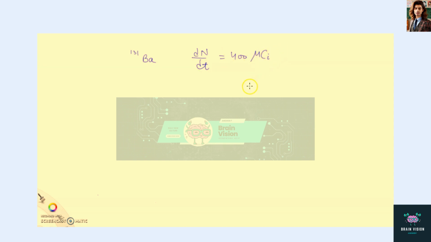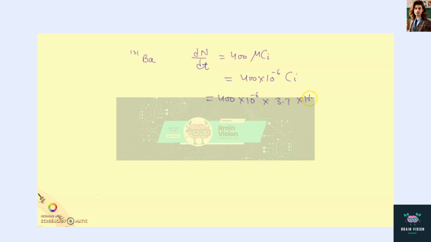We know the conversion factor of micro is 10 to the power minus 6. So the decay rate of the isotope spilled in the laboratory is 400 × 10^-6 curie.